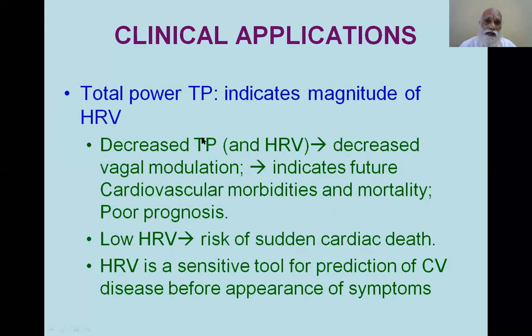Cardiovascular health is generally higher, good. So you can use higher HRV as a sensitive tool for prediction of cardiovascular diseases, even before the appearance of symptoms. That is very good, because you don't have to wait until there is a heart attack.